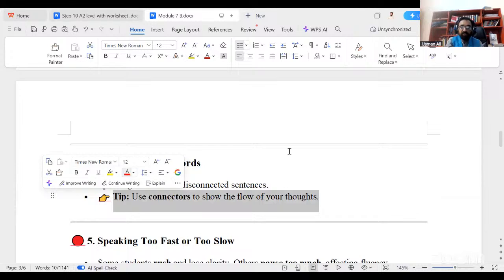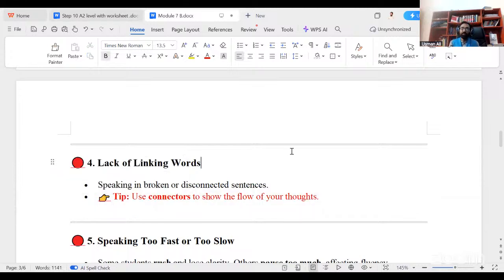You must connect your thoughts by using linking words. If there are not a sufficient number of linking words in your speech, then again you are getting bad scores.